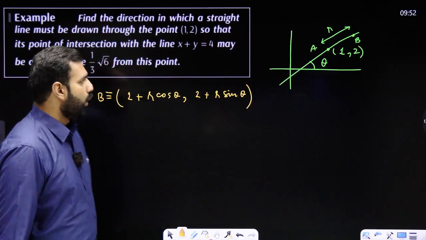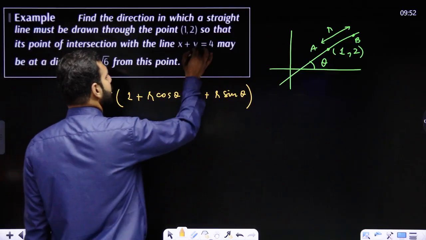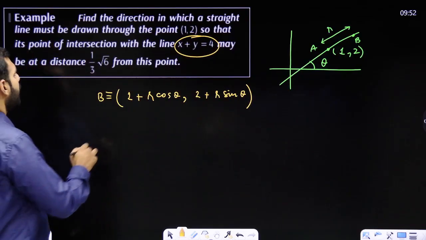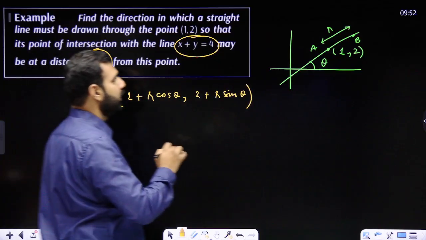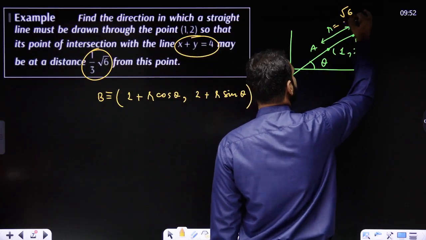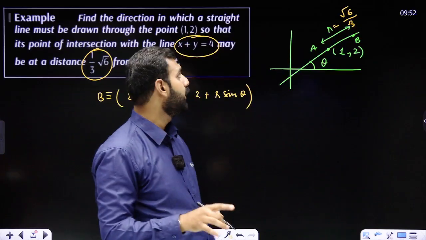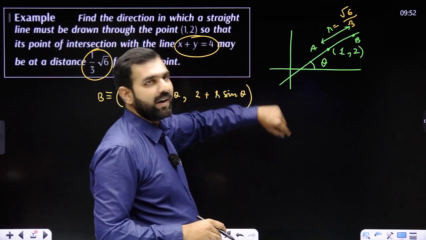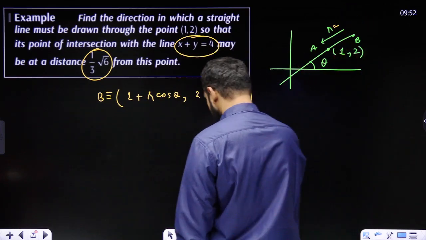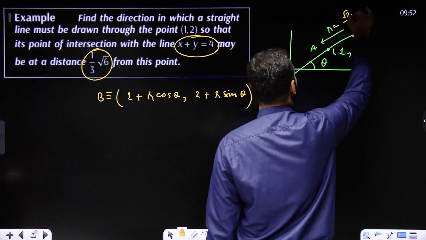Now, what additional information am I given so far? What I'm told is that this particular line, I hope you're realizing, we are also given the value of r. r was root 6 by 3. So root 6 is root 3 into root 2, so root 6 by 3 can also be taken as root 6 by root 3, which is root 2 by root 3.